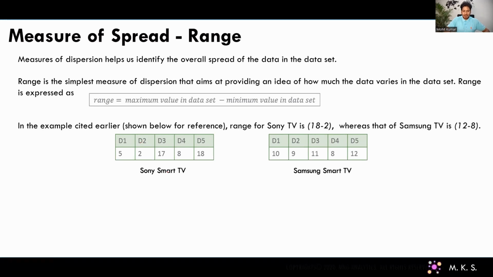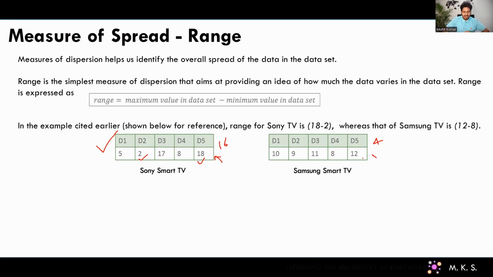So here Sony smart TVs, the range value is 18 minus 2. So this is the maximum, this is the minimum. So for this data set it's 16 and for this data set it's 12 minus 8, that is 4, right? So now we can say from the range measure of spread, definitely here we have more scatteredness as compared to this one, right? So range is giving you that indication and that's what we want from a measure of spread.